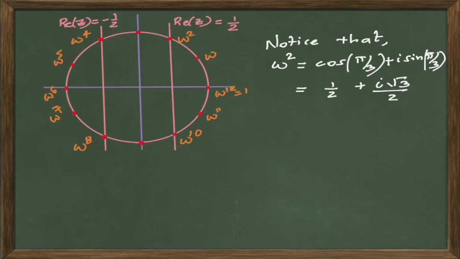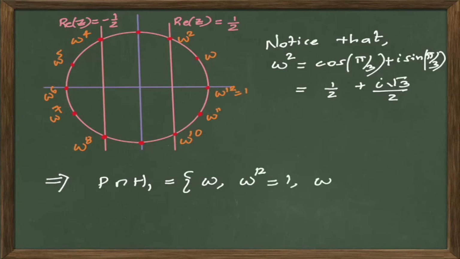Now it is clear that the set P intersection H1, which corresponds to the points of P which lie to the right of the line real part of z equal to half, is equal to omega to the power 12, which is equal to 1, and omega to the power 11.